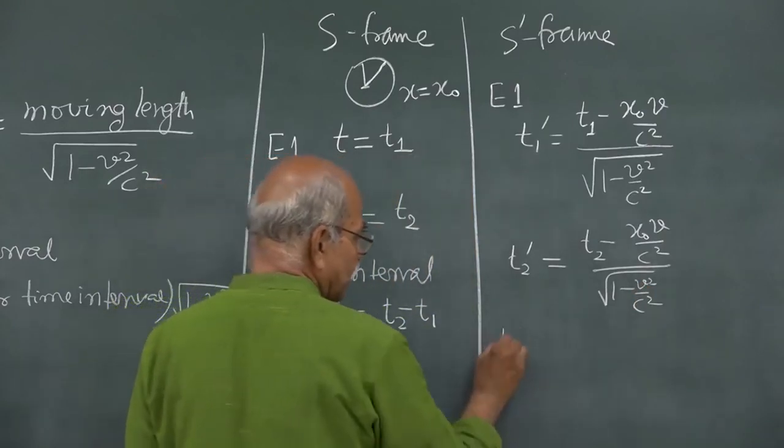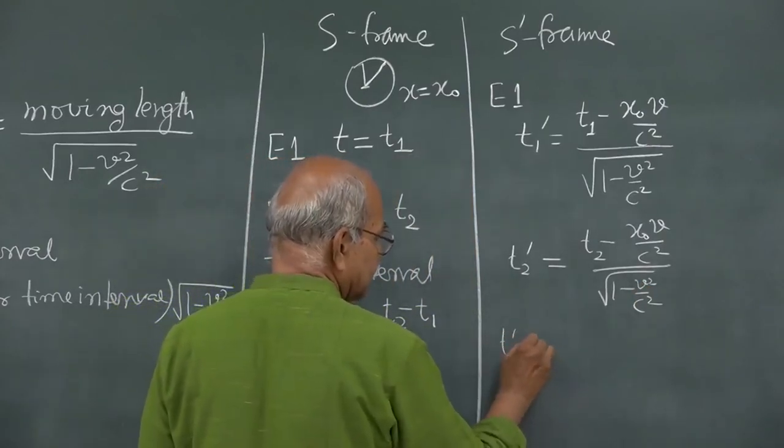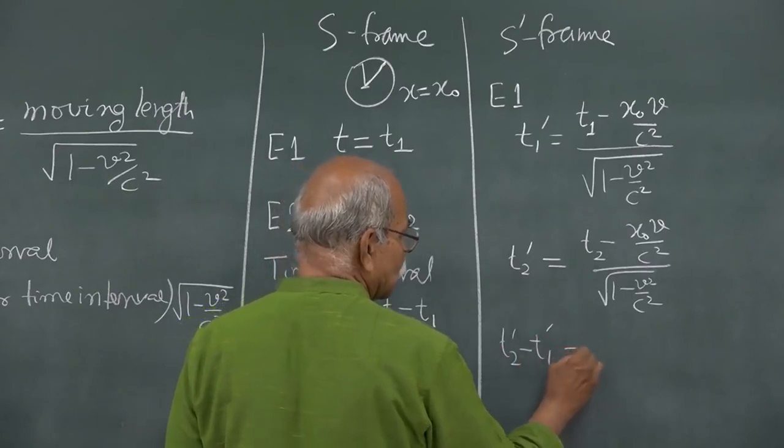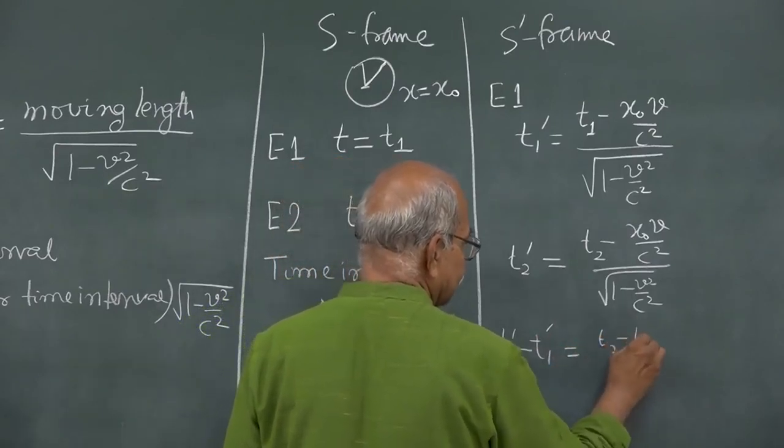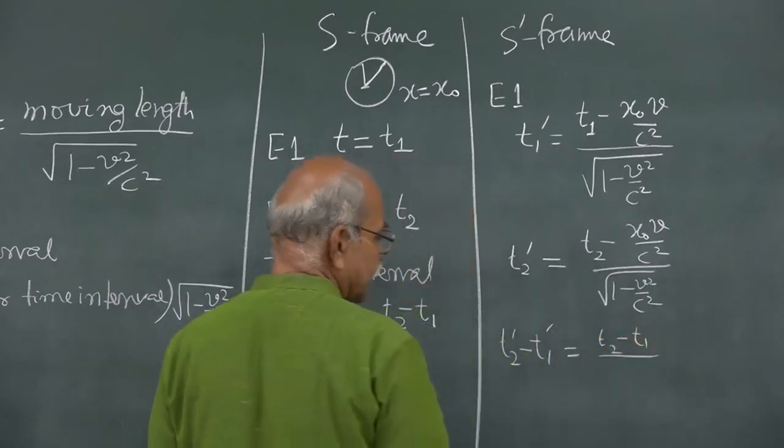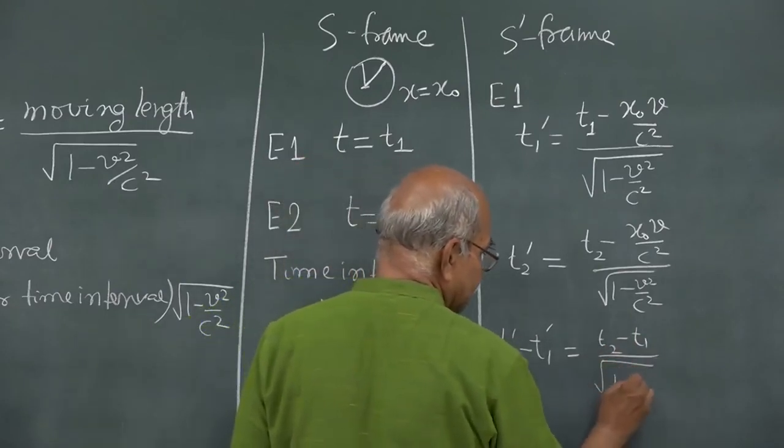Therefore, t2 prime minus t1 prime is equal to t2 minus t1 divided by square root 1 minus v square by c square.